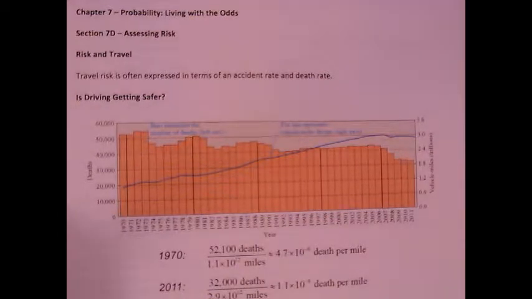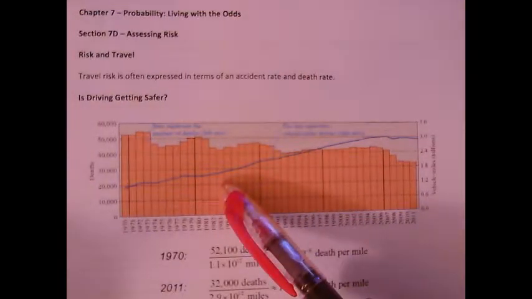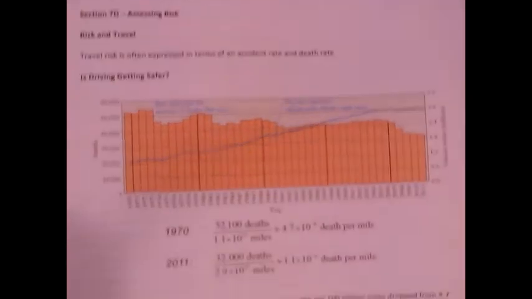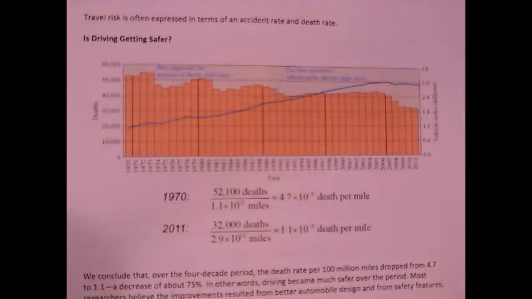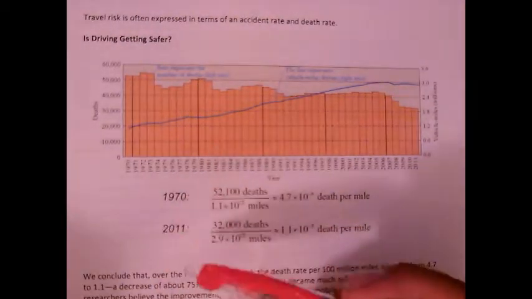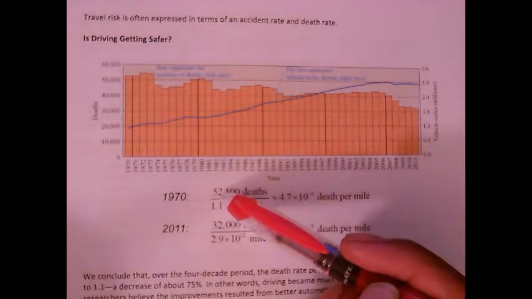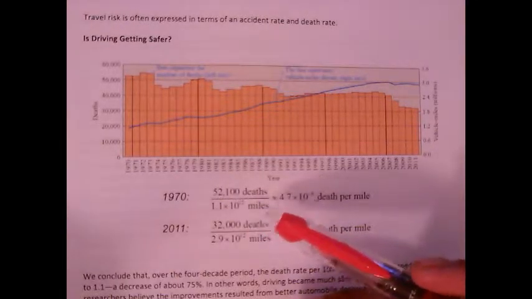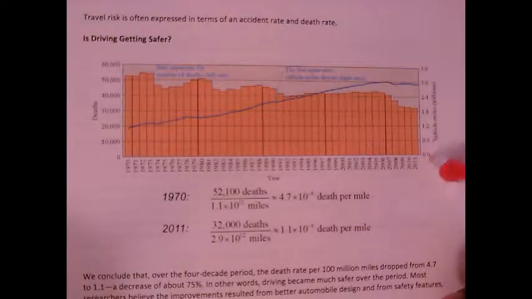Here's an illustration of a graph, and we want to ask the question, is driving getting safer? This is what they did. They took the number of deaths in 1970, which was 52,100 deaths, and they compared that to the vehicle miles, which is in trillions.